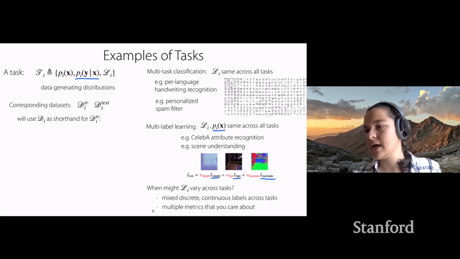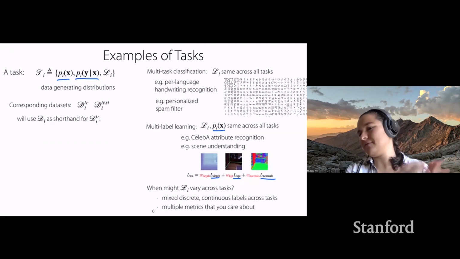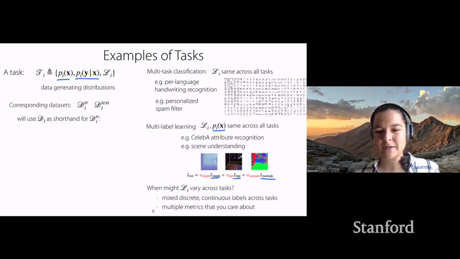So in this case, you're going to have a different P of X and a different P of Y given X, because the characters will look different and also the labels will be different. Maybe you'll have an output of 0 to 25 for English letters, and then maybe labels from 0 to a much larger number for Japanese characters. Thank you.